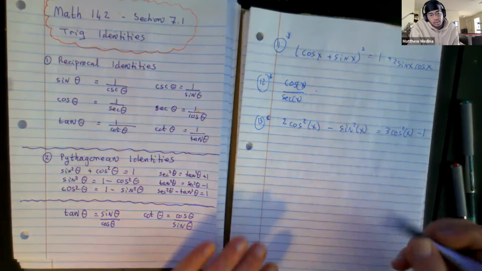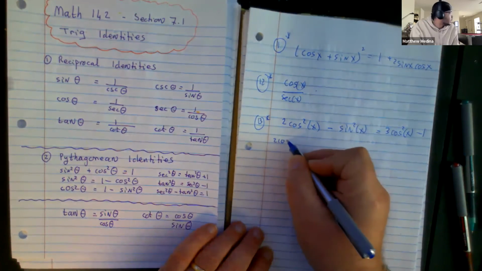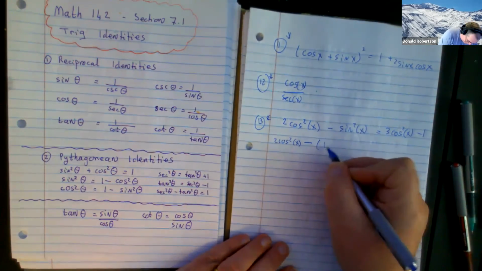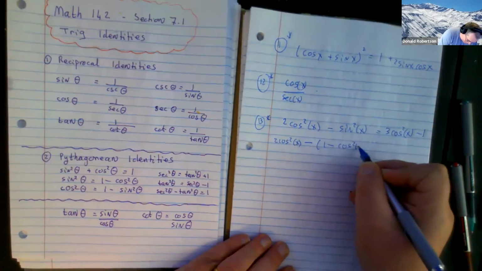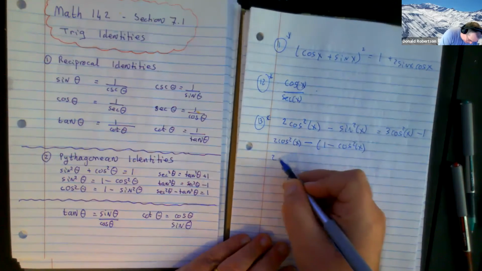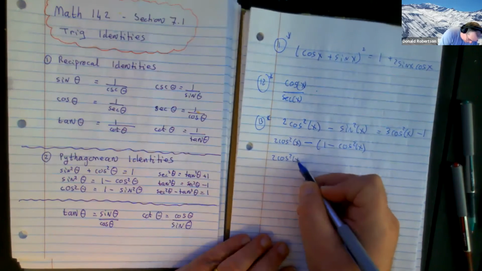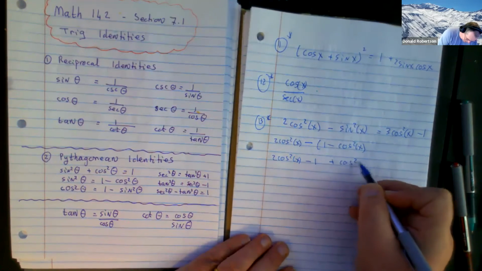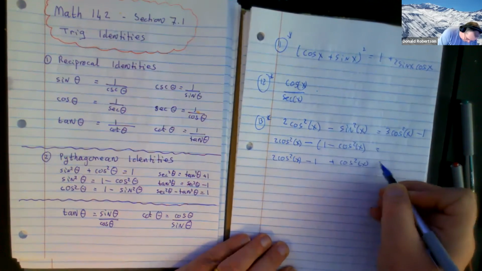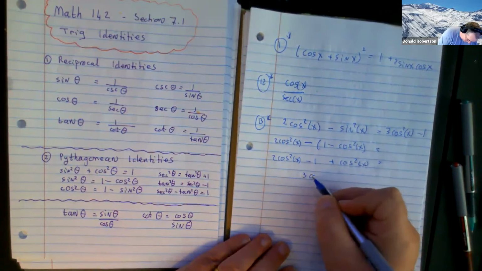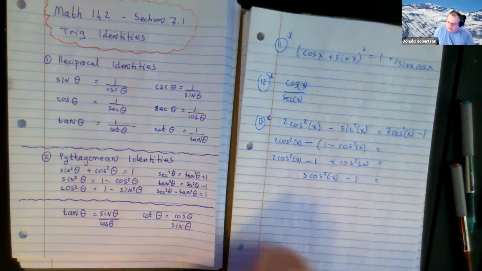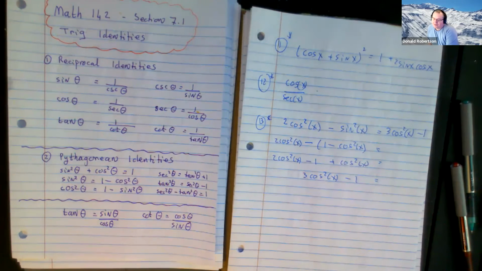You could change sine squared x to 1 minus cosine squared. Remember to take it away. And that becomes take away 1, take away a negative is add it. And way, all the pieces just fall out, don't they? And you got what you were after.